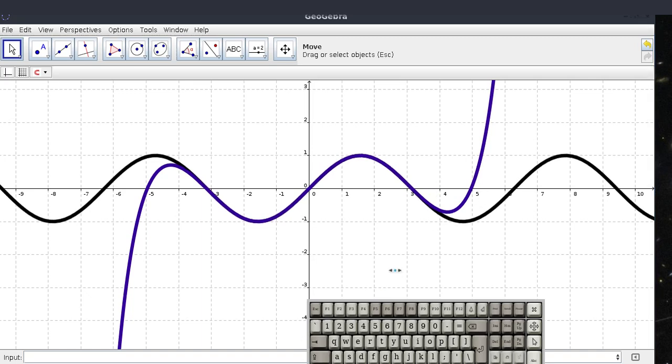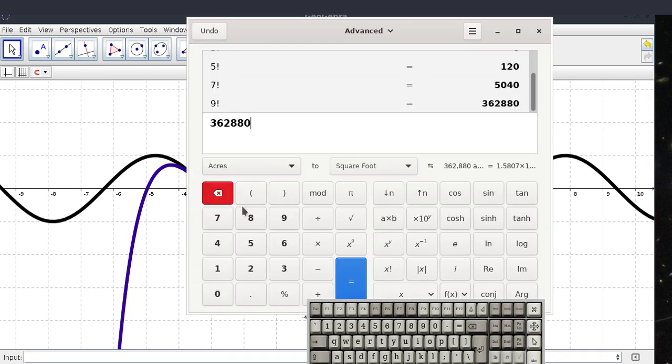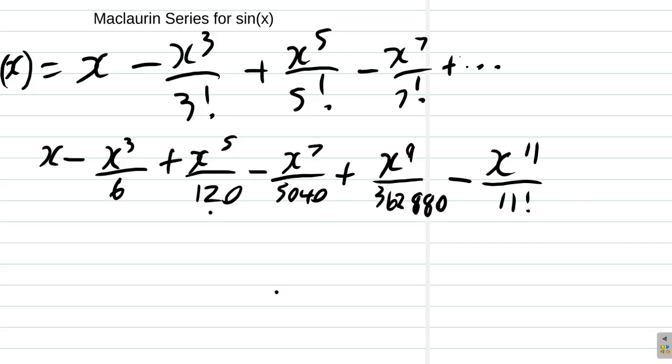Let's see. 11 factorial equals 39,916,800.